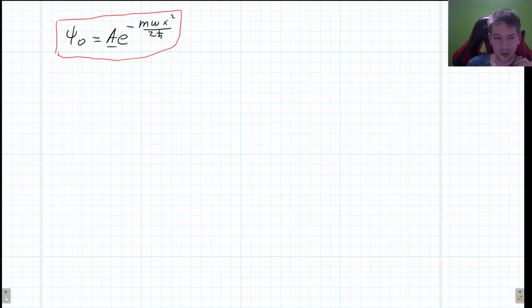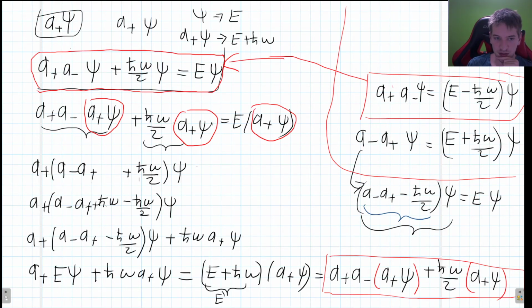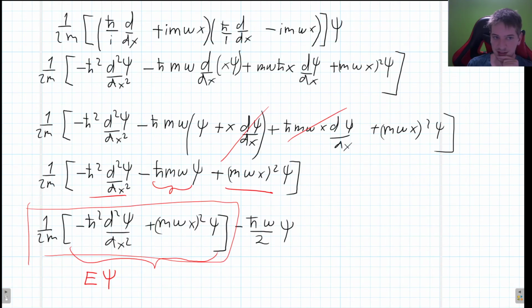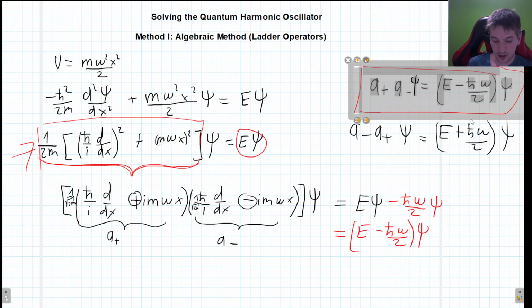And let us do this in a smart way, because we have several ways to write down the Schrödinger equation. There we go, here. We know that if we apply the lowering operator onto this psi 0, then it's going to be 0. So let us choose this form of the Schrödinger equation.